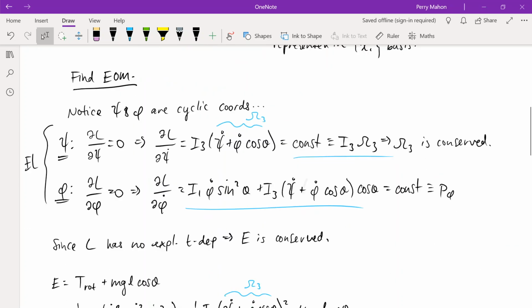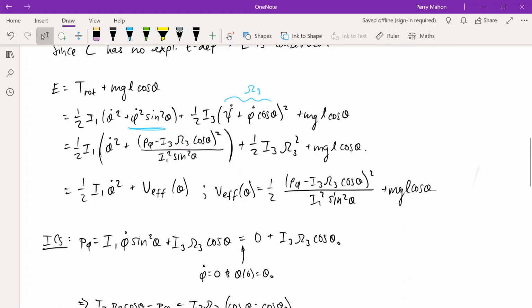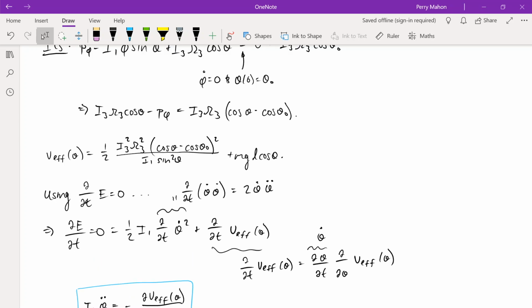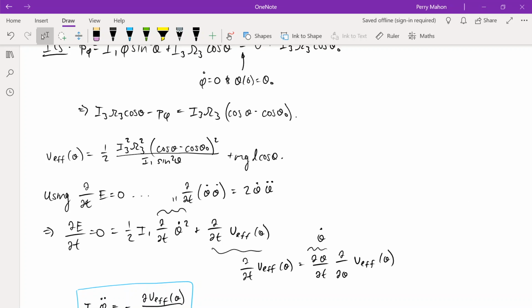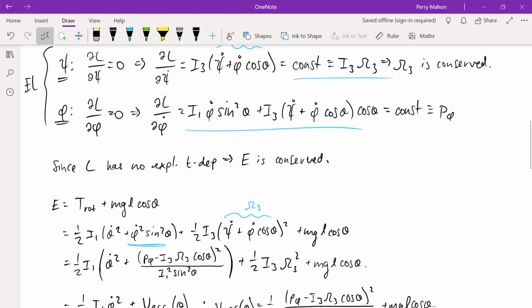And so really the interesting dynamics comes in through this theta. And we found the equation of motion for theta. The dynamics of theta is really governed by this effective potential that we were able to identify by implementing the conserved quantities that we previously found for the other generalized coordinates.